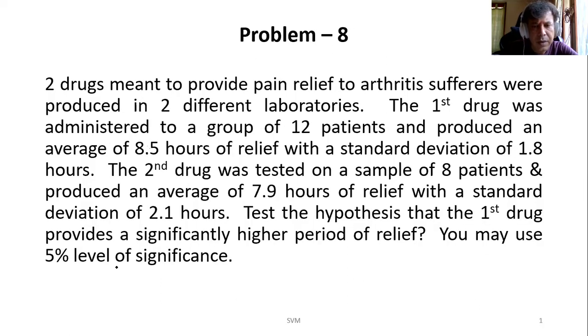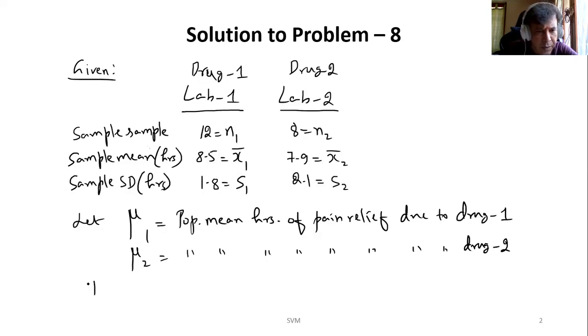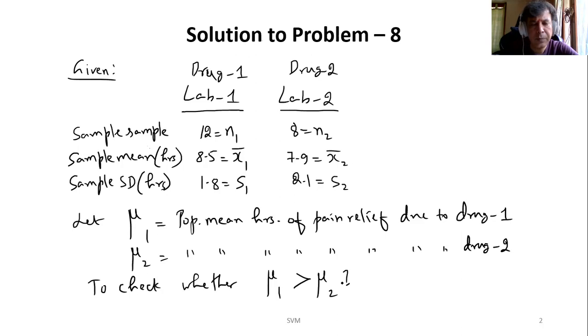What is to be tested? Test the hypothesis that the first drug provides a significantly higher period of relief. It means to test or to check whether mu1 is greater than mu2. That is what is to be tested.